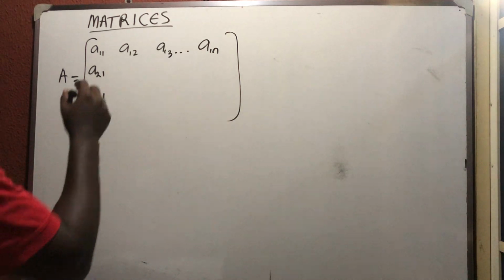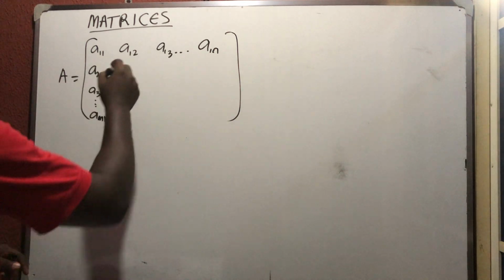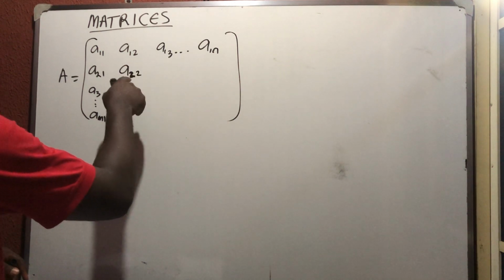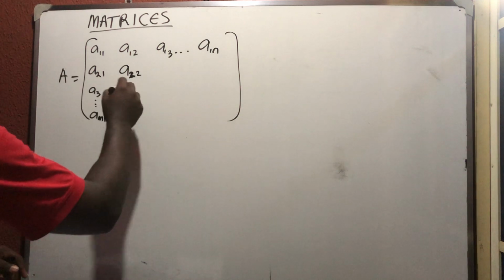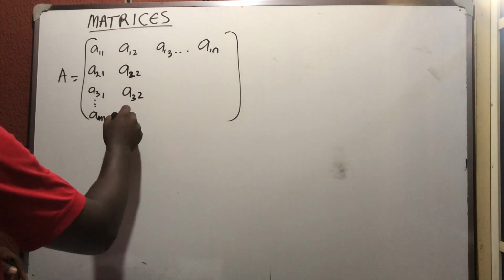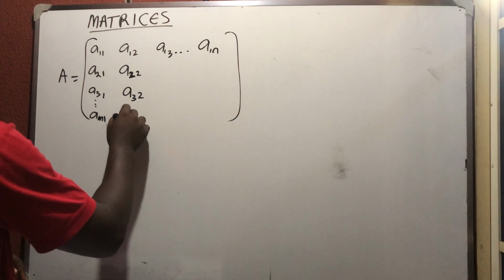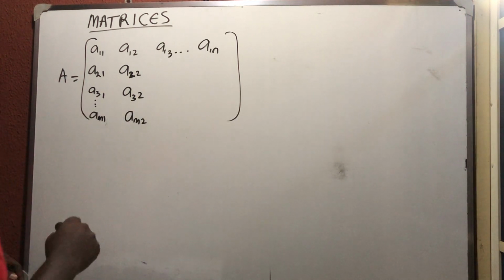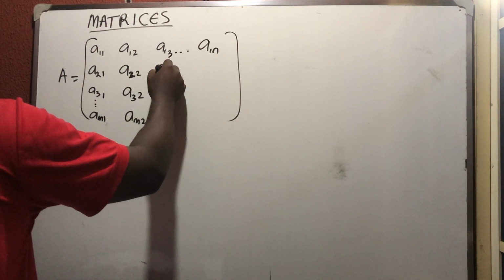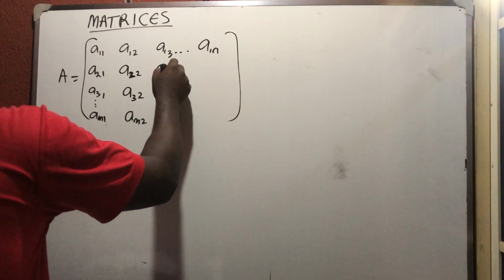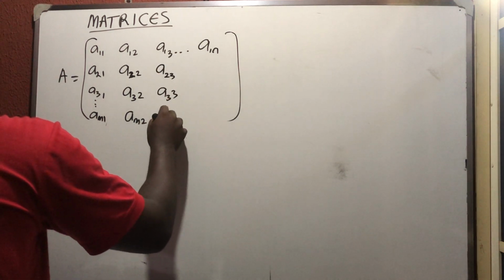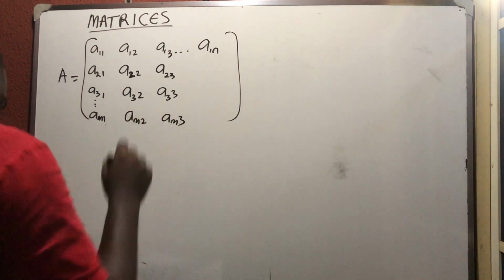So in representation of a matrix, we write the row first before the column. So this 2 means second row, second column. So here will be A32 and up to Am2. Then we have A22, second row, A23, A33, Am3.